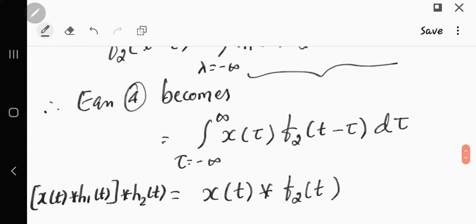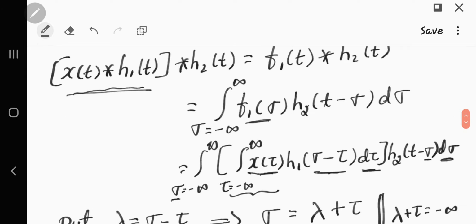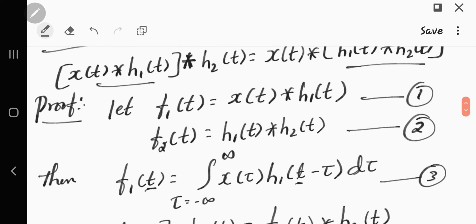Now what is f2 of t? We have defined it as h1 of t convolved with h2 of t.